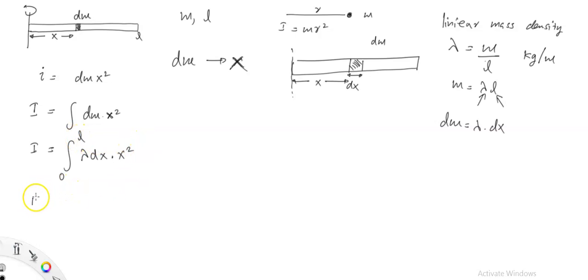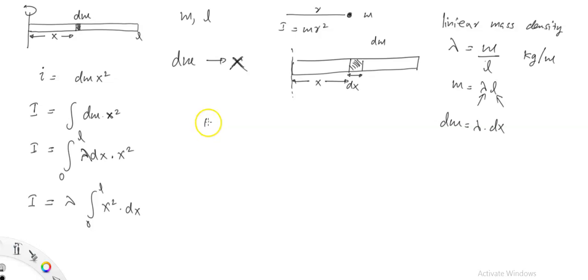So what do we have? Now lambda is a constant. Lambda is the total mass divided by total length. Total mass is a constant, total length is a constant, so lambda is a constant and comes out: lambda times the integral from 0 to L of x squared dx. And you know what to do with this x squared dx.